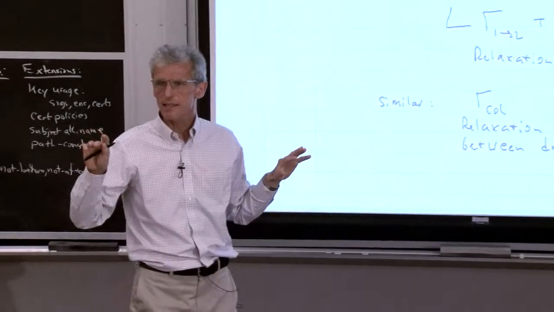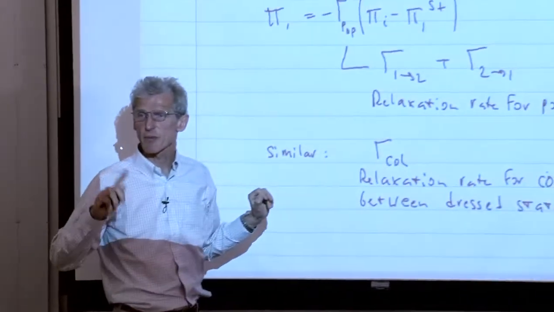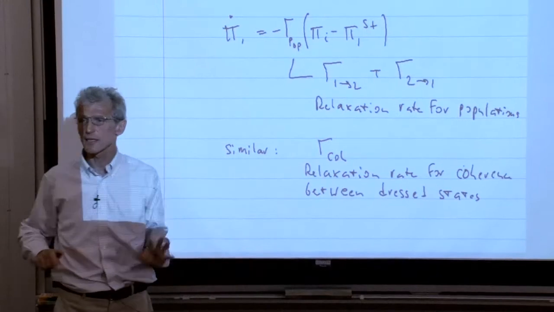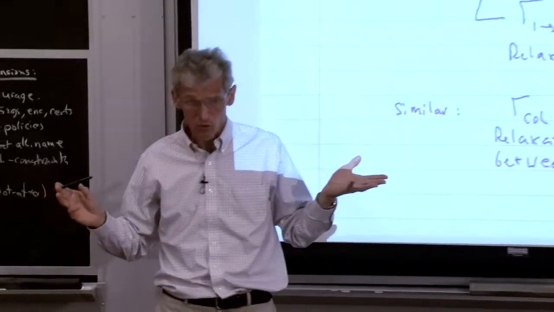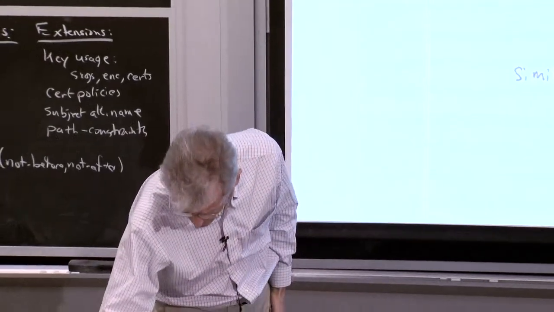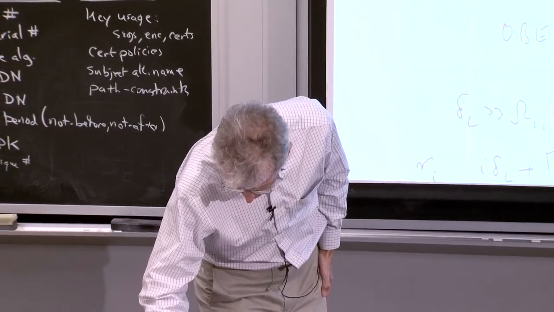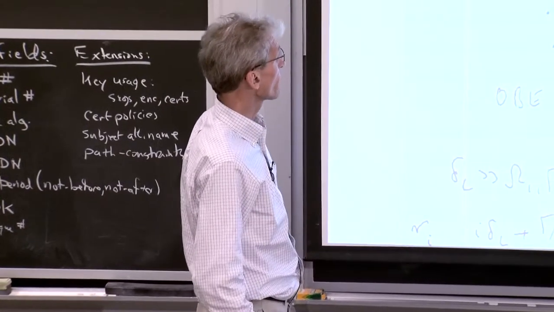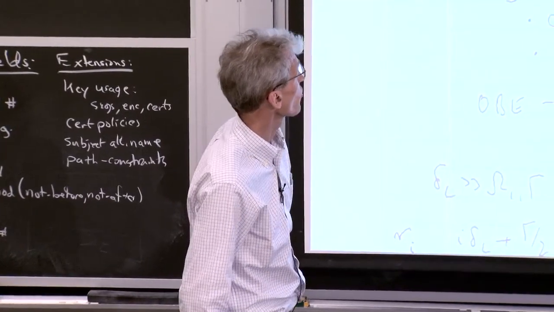Remember, for the naked state, populations relaxed with gamma, coherences relaxed with gamma over 2. These were the optical Bloch equations. But now we have reformulated the physics in the dressed atom picture, and the solution is the following.